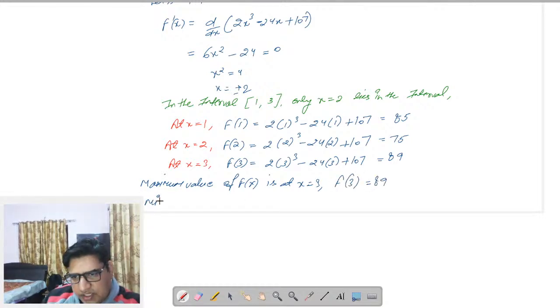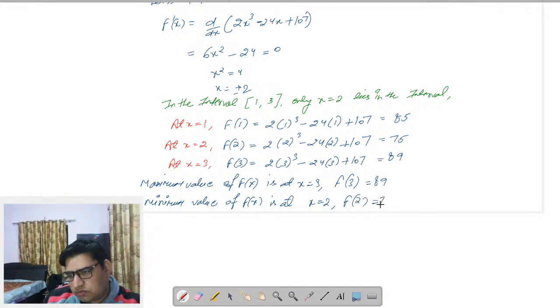Similarly, the minimum value of the function is at x is equal to 2, and that is f2 is equal to 75. And let's try to discuss the other interval.